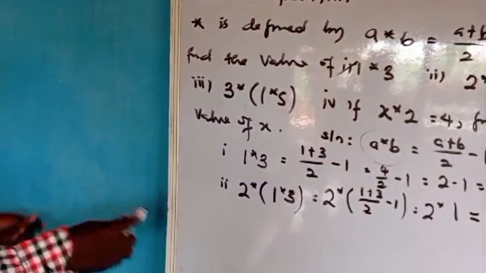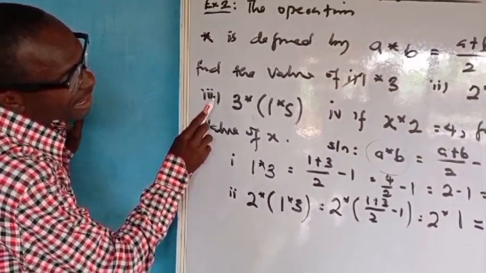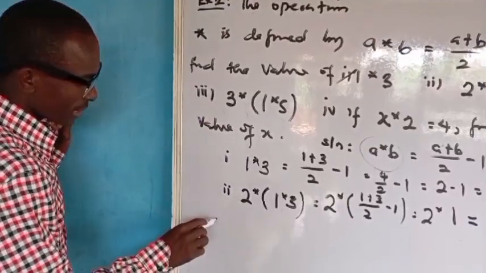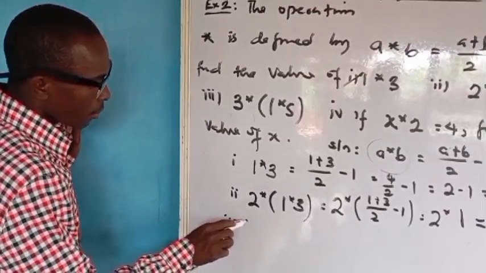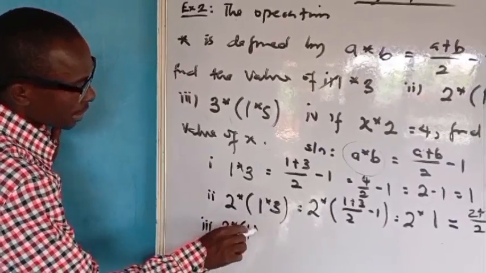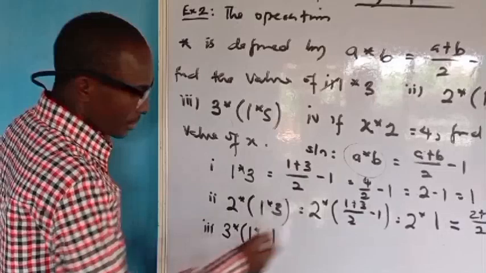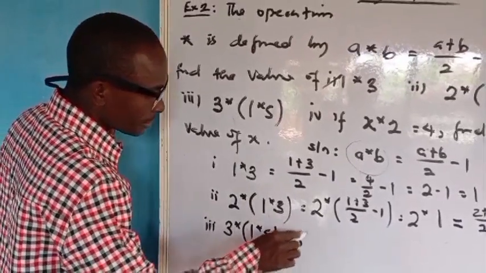Now let's look at question number 3 here. We now have number 3. We said it's 3 asterisk bracket 1 asterisk 5. The same thing. Now 3 remains pending.